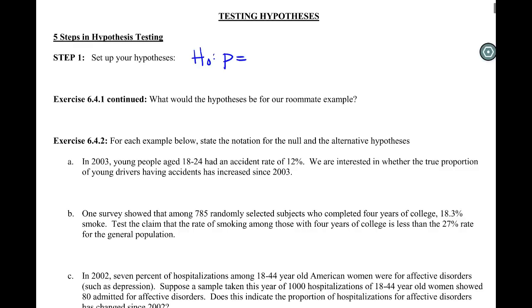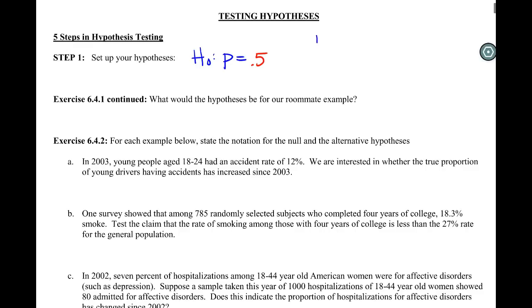You can call that the null value or our initial value, whatever you want. You can put a P naught there, but I'm just going to say H naught is P is equal to something. In our previous example, that something was 50%. Just like in the helper-hinder example, we assumed there was nothing going on, it was a fair coin, or we assumed that the babies were just choosing at random, so it was a 1 in 2 chance.